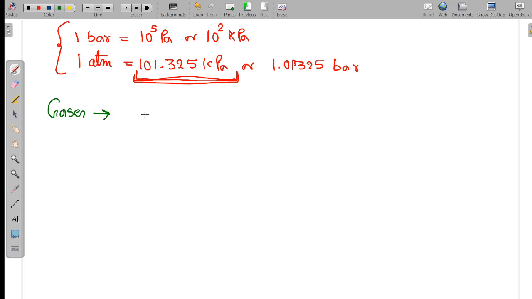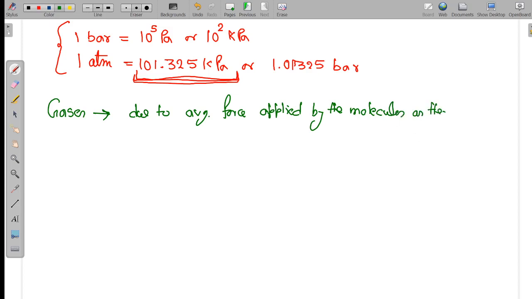So in case of gases, pressure is due to the average force applied by the molecules as they collide with the wall of the container.